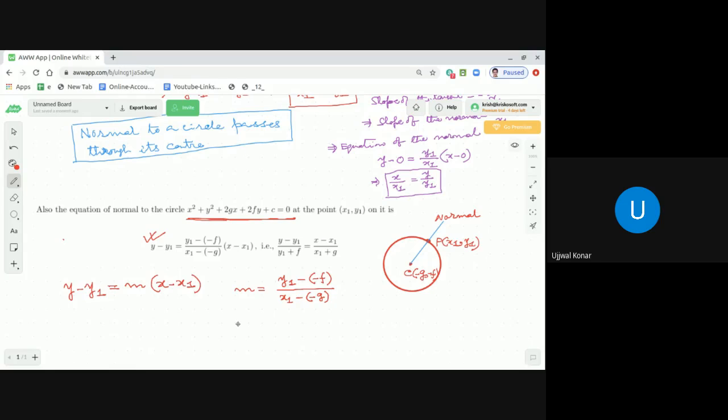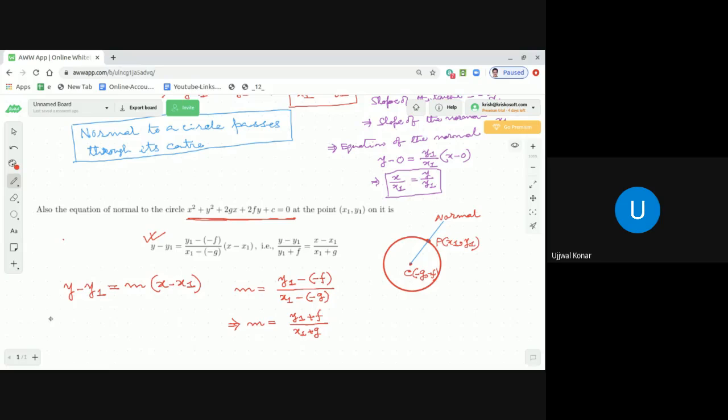Correct or not? So from here we get m is equal to y1 plus f divided by x1 plus g. Correct or not?